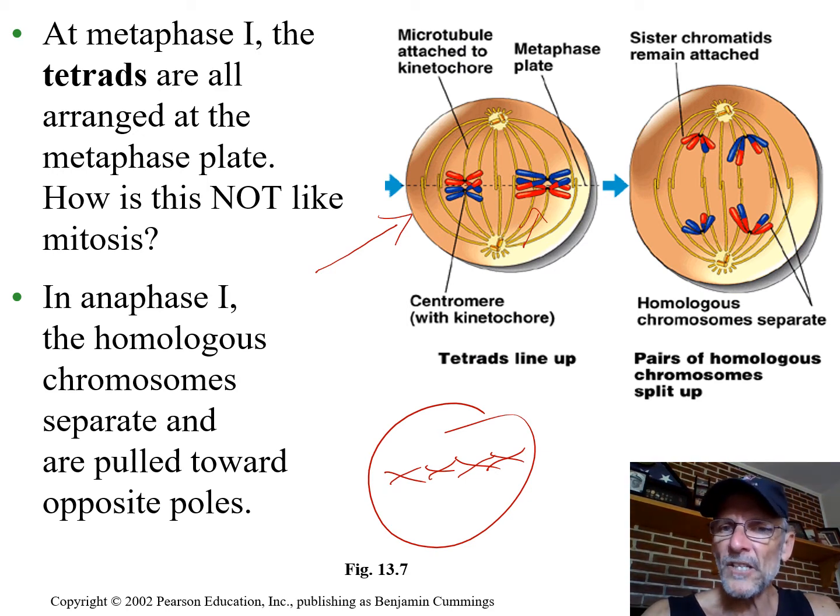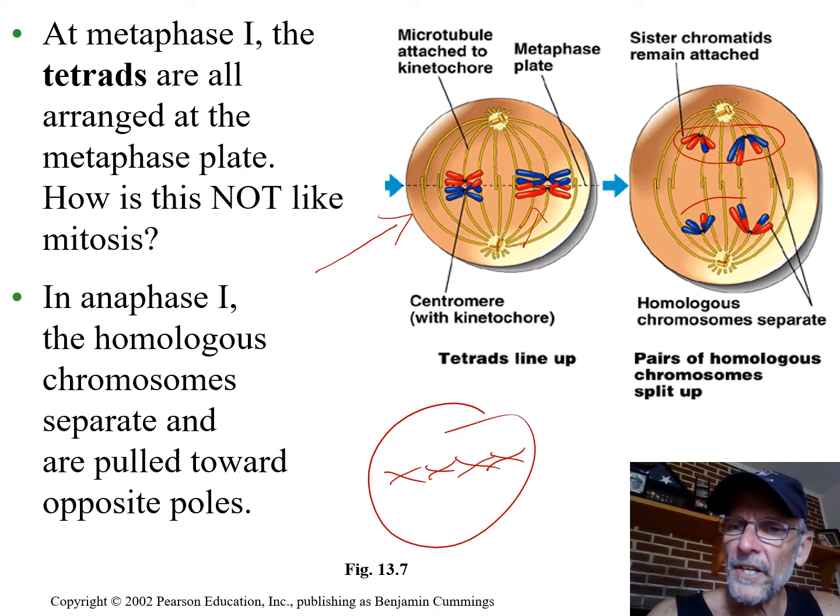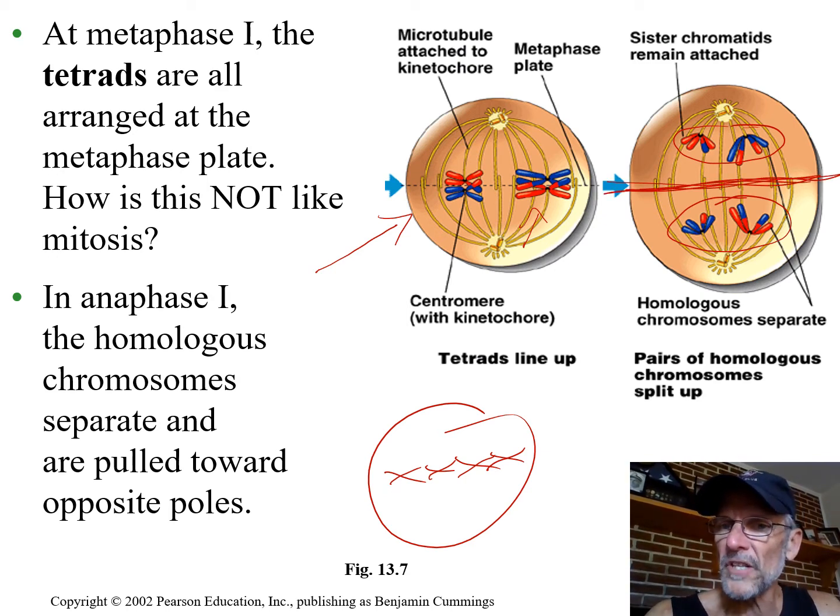And this pairing is what sets the stage for the separation of 2 sets, one set here and one set here. And eventually this is going to divide down the middle and we'll make 2 cells that each have just one set of double-stranded chromosomes.